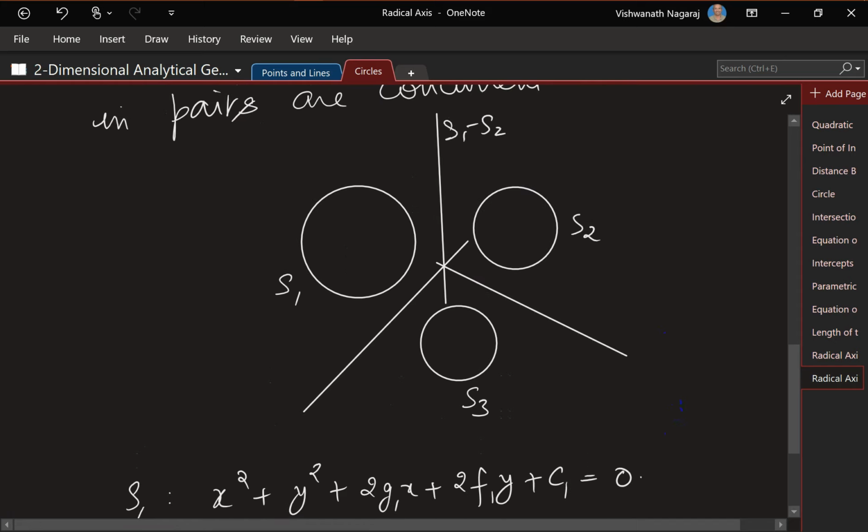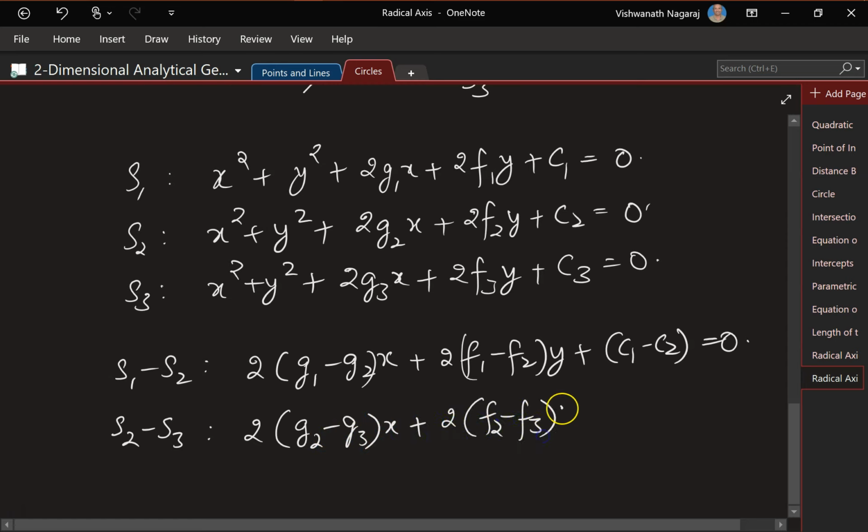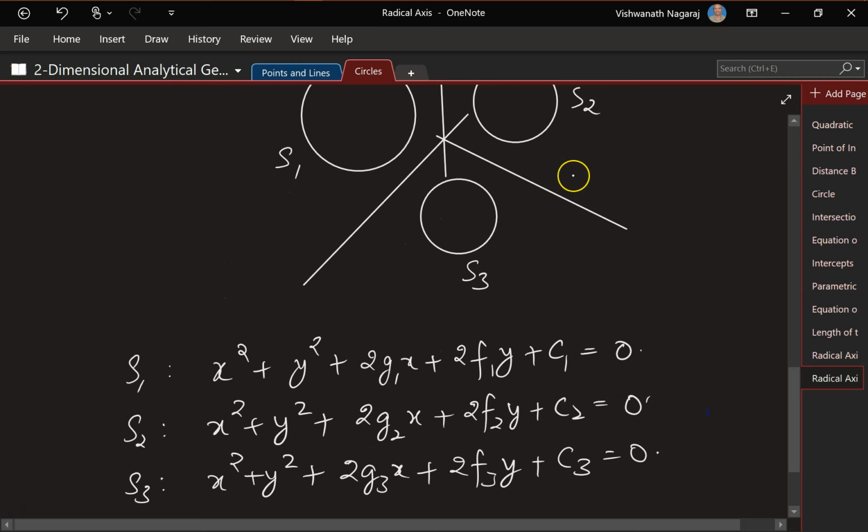Similarly, between S2 and S3 would be what? S2 minus S3. So that would be again x square, y square gets cancelled. 2(g2 minus g3)x plus 2(f2 minus f3)y plus c2 minus c3 equal to 0. So this will be S2 minus S3.